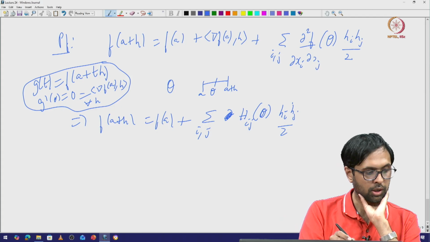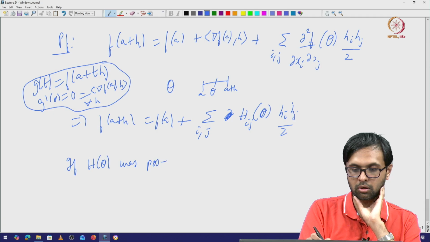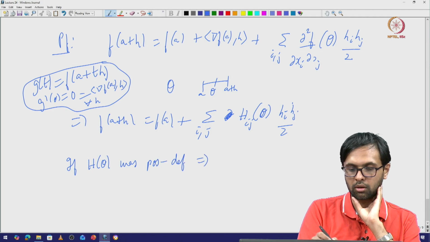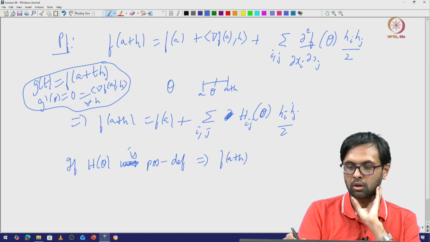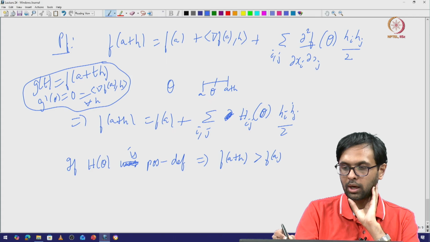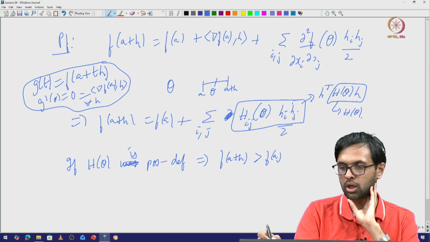Suppose we knew that this matrix H of theta is positive definite. Then f(a+h) is strictly larger than f(a). Why? What is this after all? This is simply h transpose H(theta) h. What is H(theta) times h? The ith entry of this is Hij times hj.